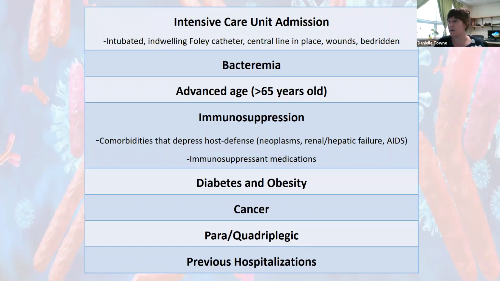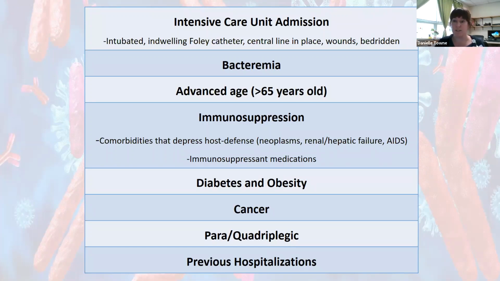Anytime somebody's recently been admitted, you can see intensive care unit admission or previous hospitalizations, it's always at a higher risk. If they have known bacteremia, right? That's bacteria in the blood. Bacteria in the blood naturally puts them at a higher risk for sepsis than, say, a localized infection such as a UTI. Advanced age is always going to predispose anybody, as well as those that are immunocompromised, diabetics, patients that are obese, and those with a history or current cancer.